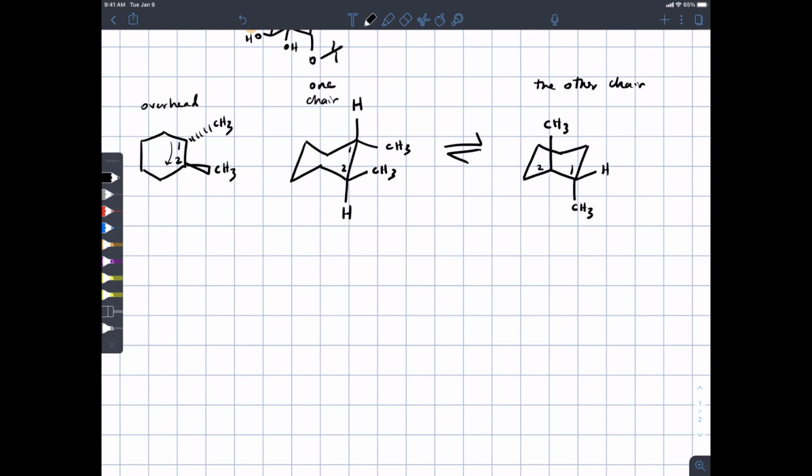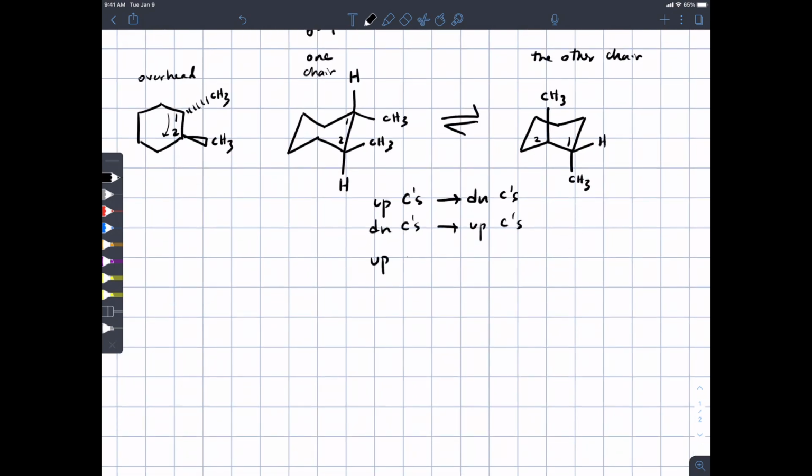All right? But first, I want you to note some things that happened when we went from one chair to the other chair. Up carbons become down carbons, and vice versa. Down carbons become up carbons. Up substituents, that is, things coming off the ring, stay up.